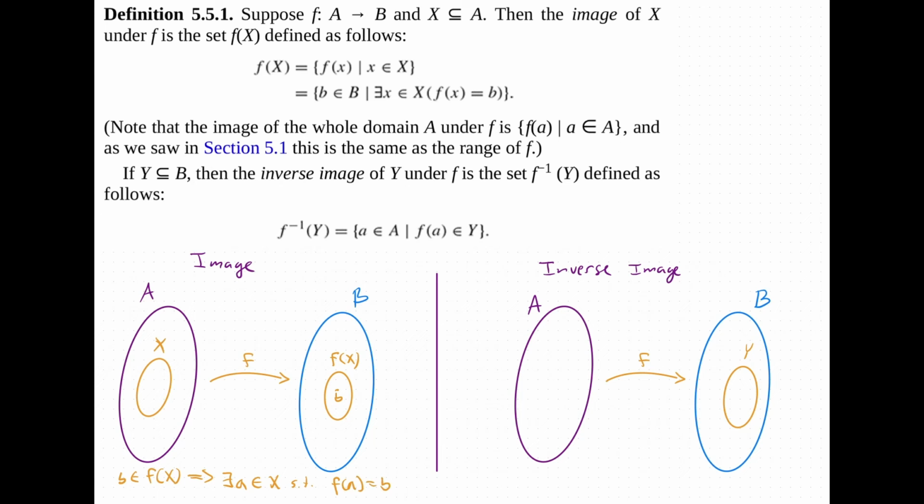So this lowercase a is inside the subset X, and it maps to b.